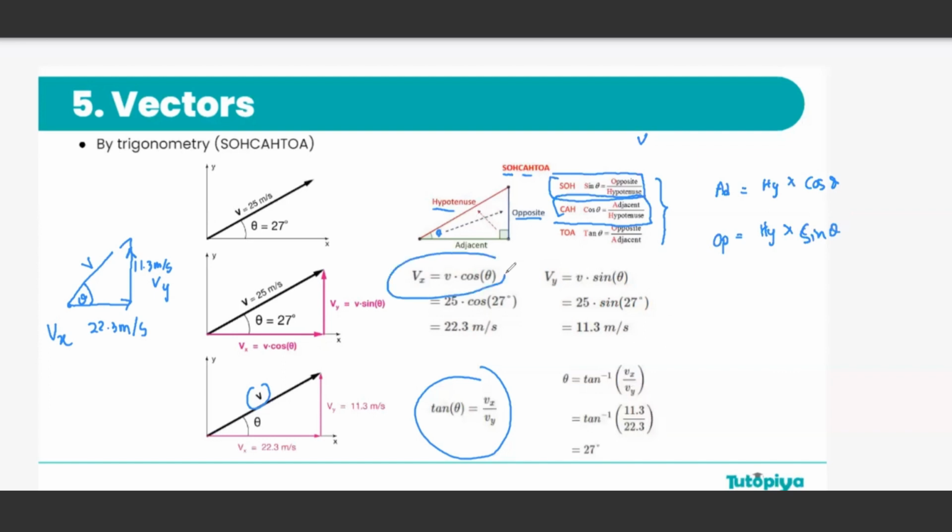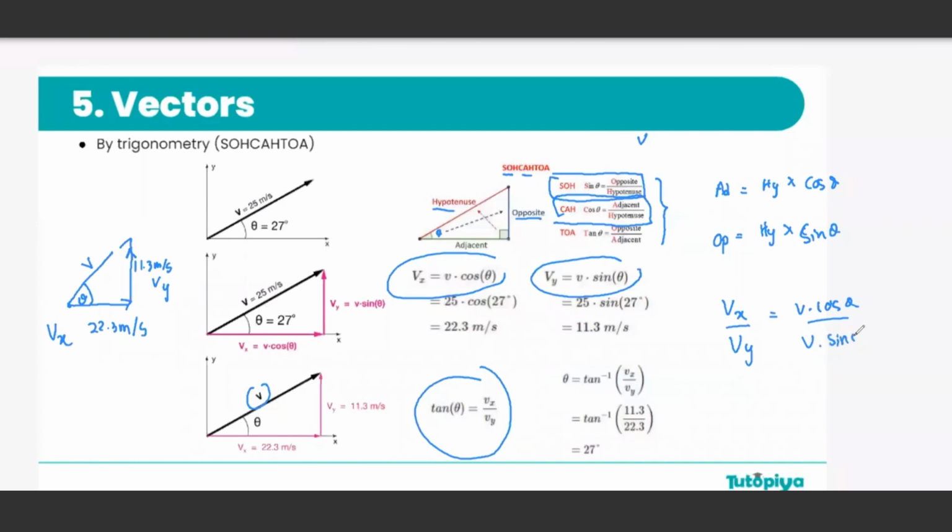Now that we have both the velocities, to find theta, we can divide these. If we divide Vx by Vy, we get V cos theta over V sin theta.